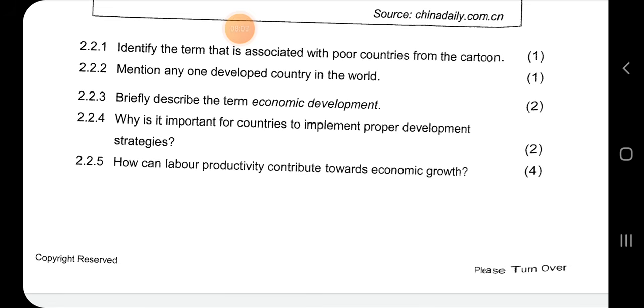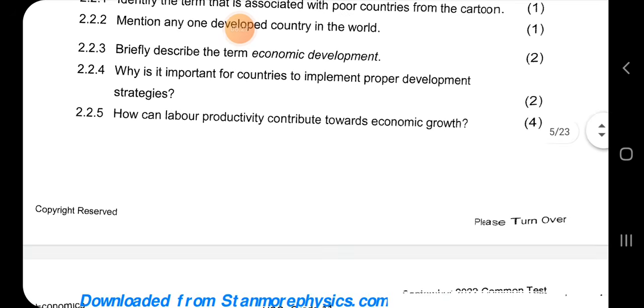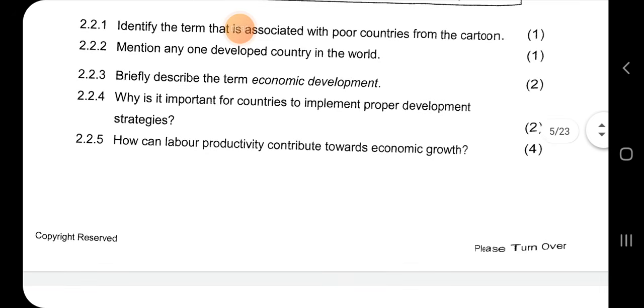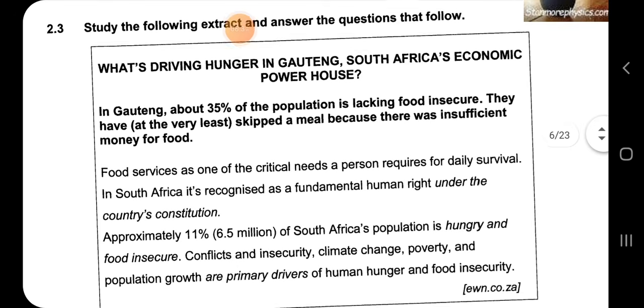A lot of people are working. China has got it right. So a lot of people are working, which means a quantity produced will cost less to buy. Okay, when labor productivity increases, that is how it will contribute towards economic growth. There will be low production costs.